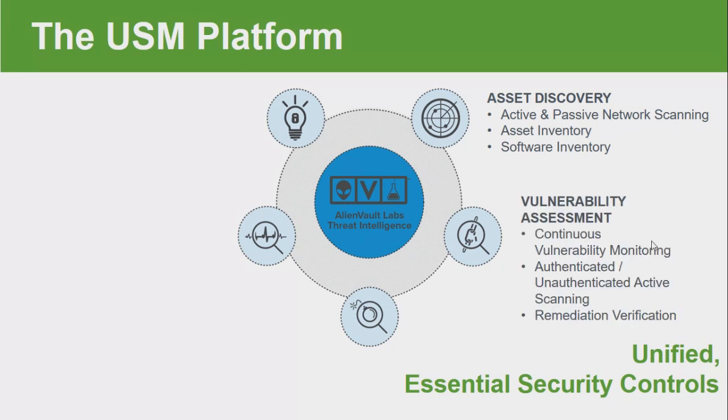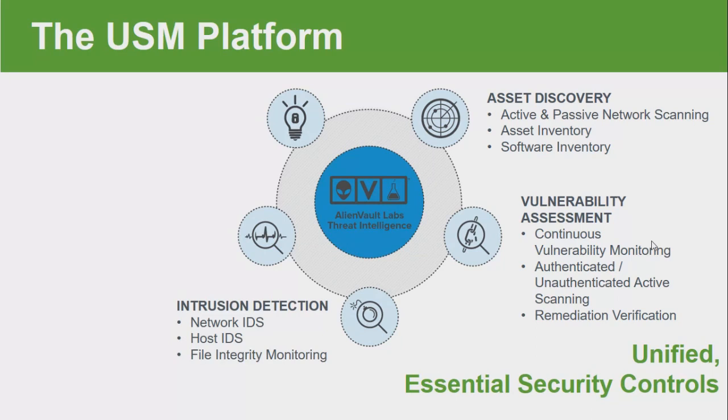Later on, you've got vulnerability assessment. AlienVault gives you a vulnerability scanner integrated into the solution. First of all, you have to show AlienVault your key assets and then do some kind of annual scanning.